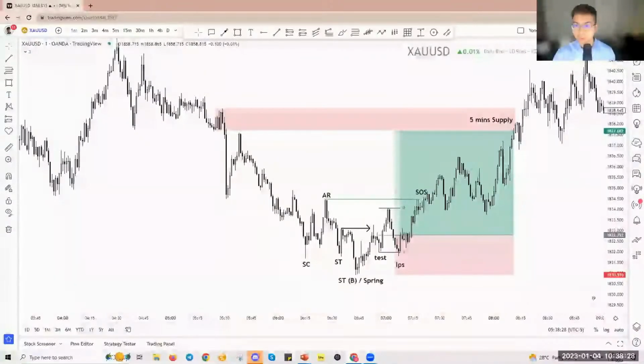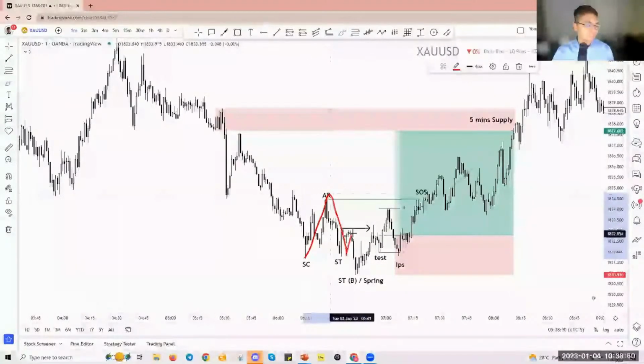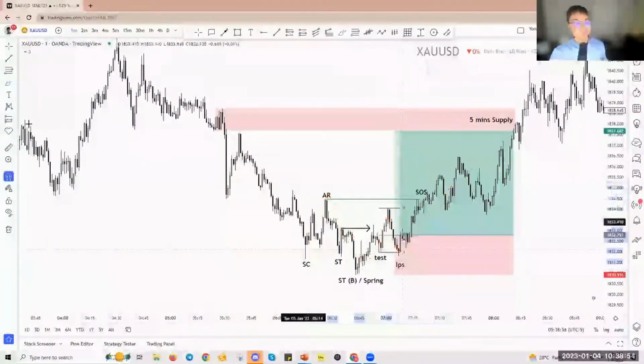Okay, let me read the questions first. Promise Guitama asked, do you wait to get to the test to be able to mark up the charts? I'll keep drawing it along the way. Every time the chart moves in the area, I'll add all the schematic in, and I'll keep drawing until that shape appears.